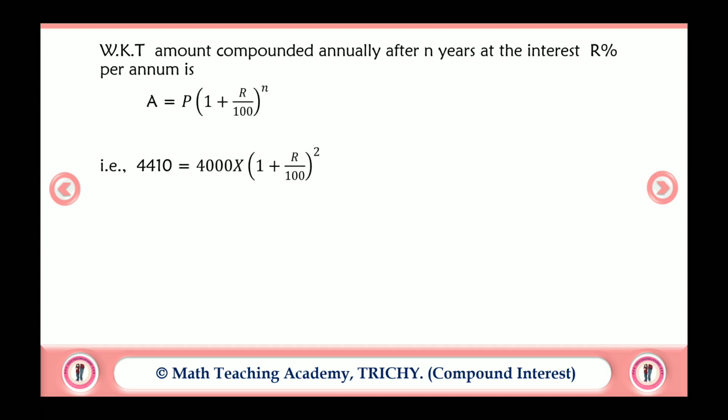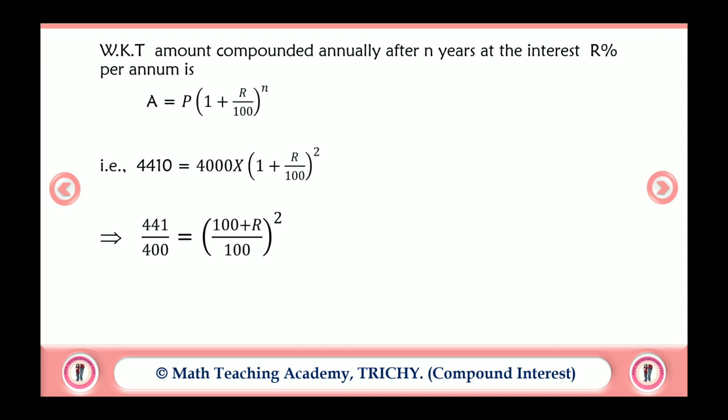Now bring this 4,000 to the left hand side. So what you will get is 4,410 divided by 4,000, so it will become 441 divided by 400. That is equal to, on the right hand side, taking 100 as LCM, (100 + R) divided by 100 whole squared.